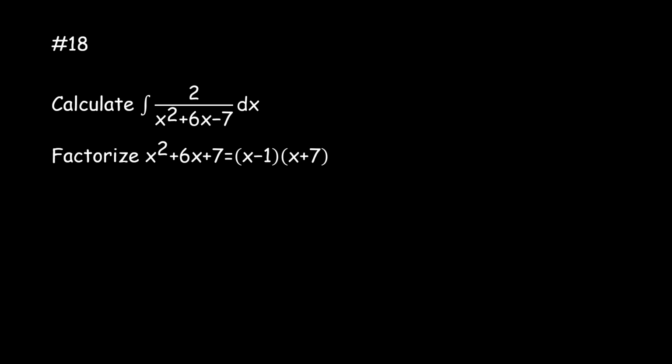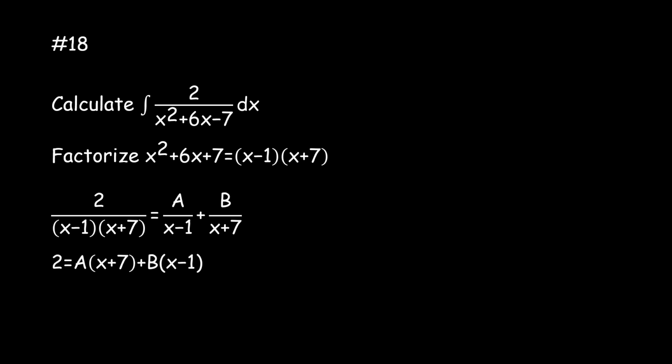Now we replace that into the equation and we find the partial fractions, which would be a over x minus 1 plus b over x plus 7. Okay, so we are going to work just with the numerators, which would be 2 equal to a times x plus 7 plus b times x minus 1. So if x is equal to 1, then a would be 1/4.